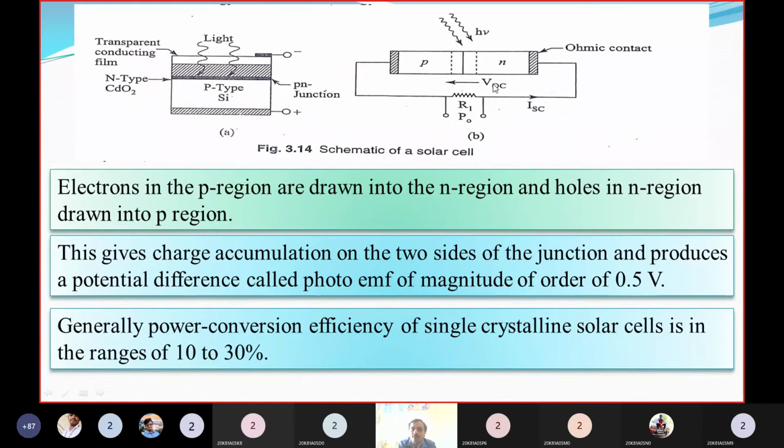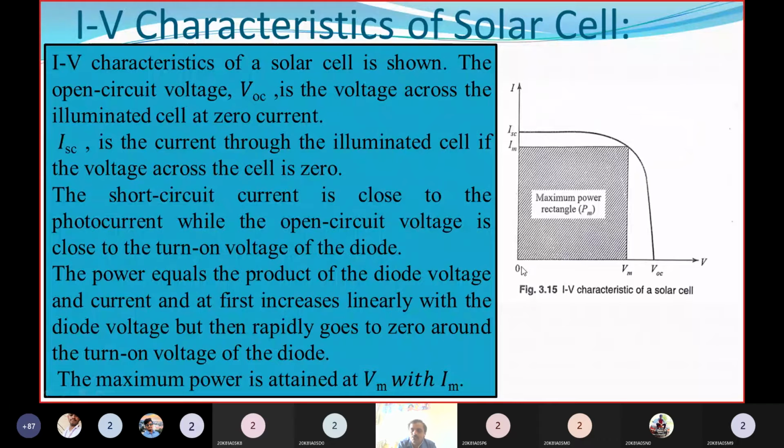That is called the open circuit voltage. While measuring the open circuit voltage, the current passing through the circuit is 0.